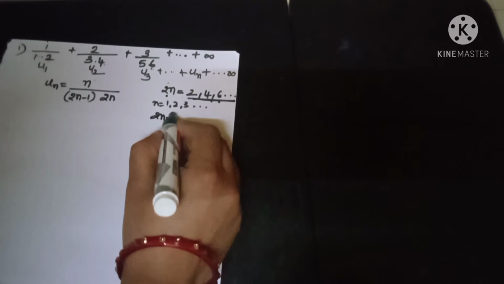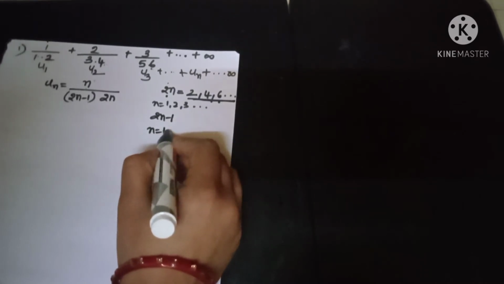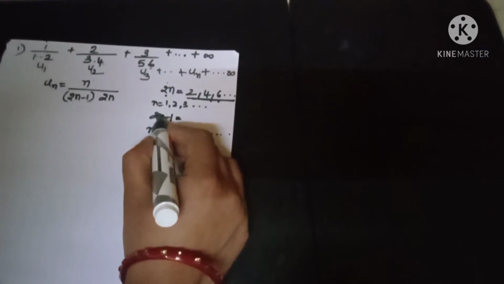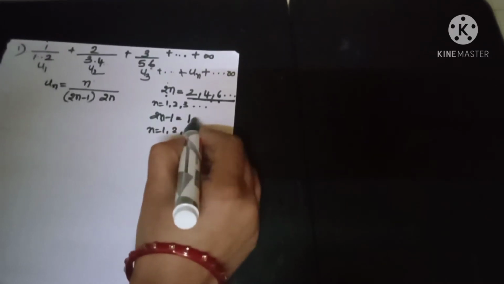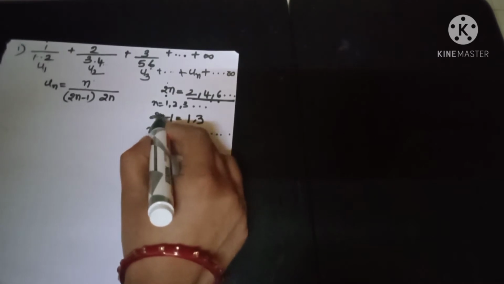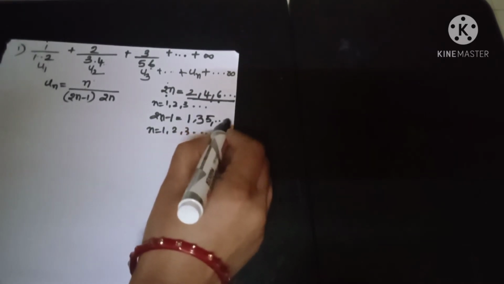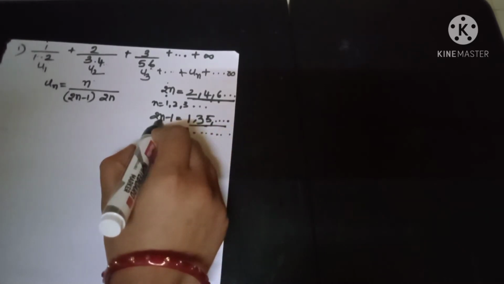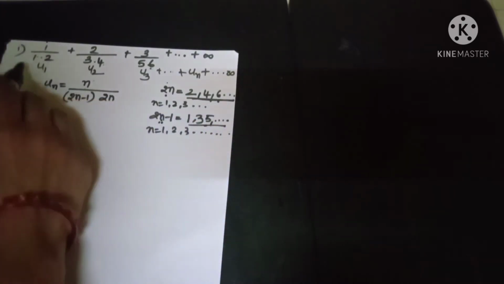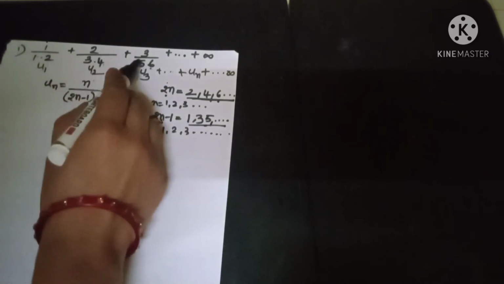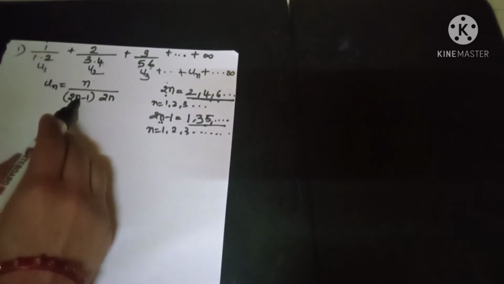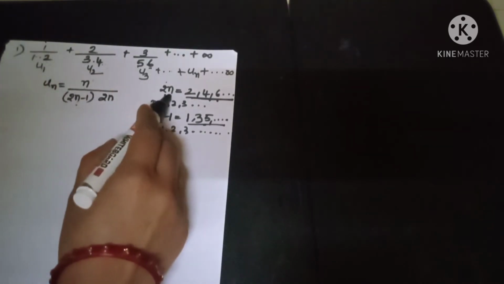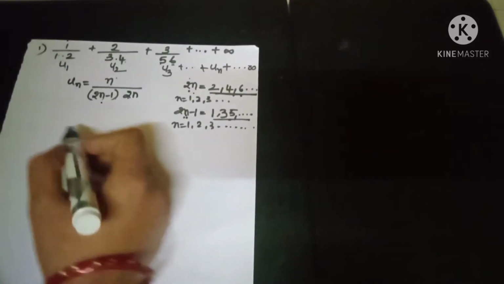Then 2n minus 1: if you put n equal to 1, 2, 3, etc., you get 2 minus 1, 1; 4 minus 1, 3; 6 minus 1, 5, etc. And these are odd numbers. So odd numbers will be of the form 2n minus 1, and 1, 3, 5 are odd numbers, so I have written here 2n minus 1. 2, 4, 6 are even numbers, so it is 2n.